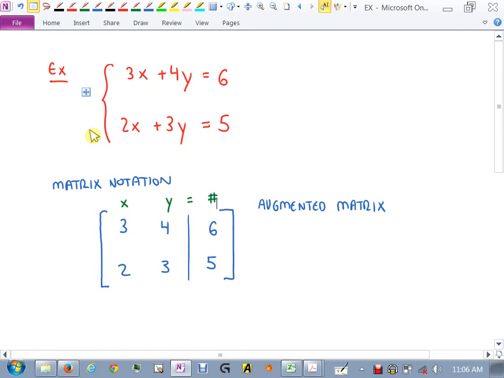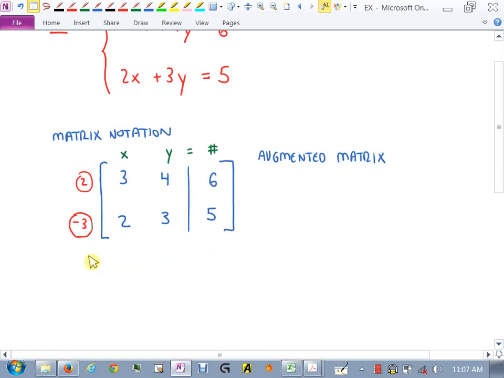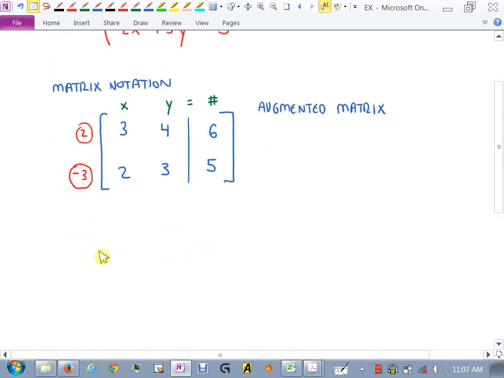They have to be opposite in sign. So we would do the same thing here. We would multiply this by 2. We'd multiply this by -3. And then we would rewrite the entire matrix, all right? So the entire matrix would now become 6, 8, 12, and then -6, -9, -15.